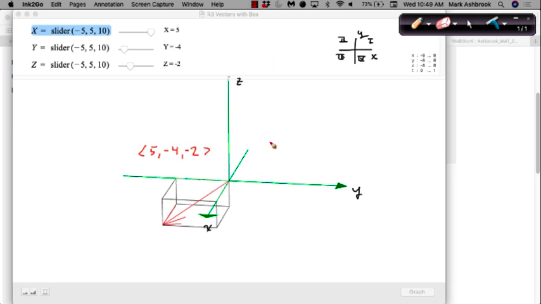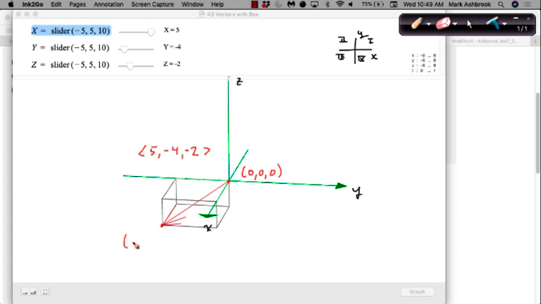And so something special happens when you put a vector in standard position. If I put the tail at 0, 0, 0, then what happens? Okay, you're talking about the tip of the vector? What's the tip of the vector then?